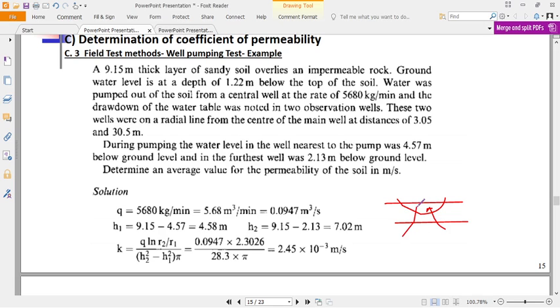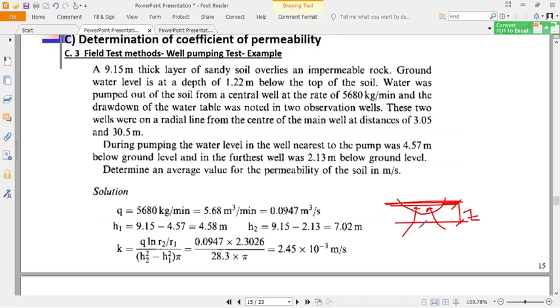Piping means forming holes and water starts oozing through. Let us assume that the water table is just near this point here, and the height of this layer, let us take it to be Z. And this material is saturated.